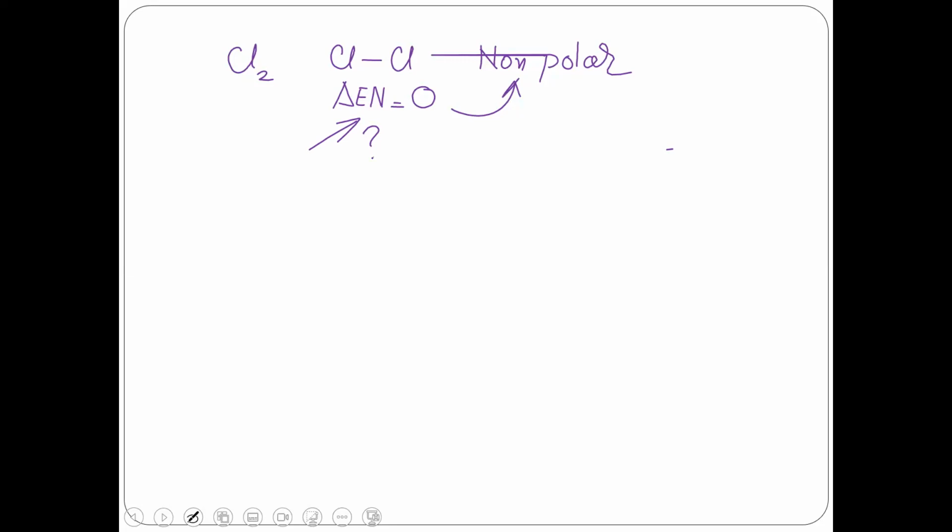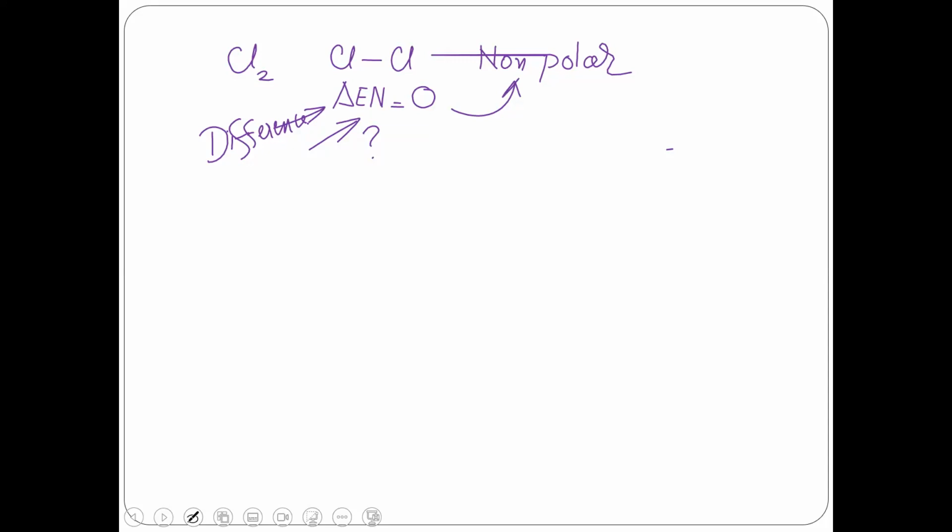The delta sign means what? The change in electronegativity, yes, the difference. The difference in electronegativity is zero because they are the same.